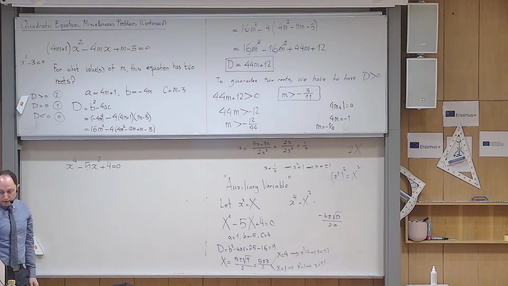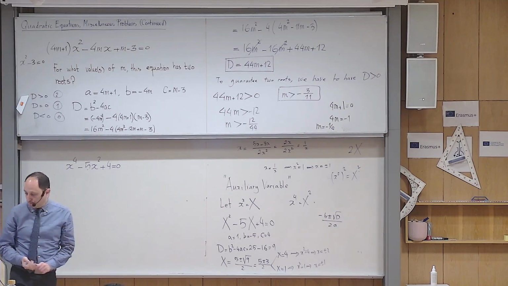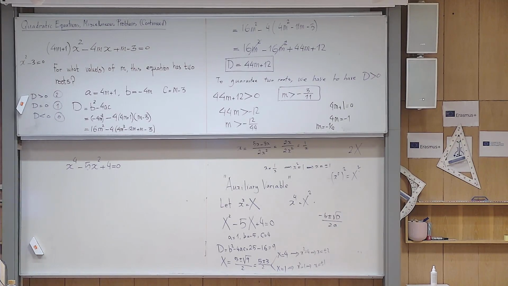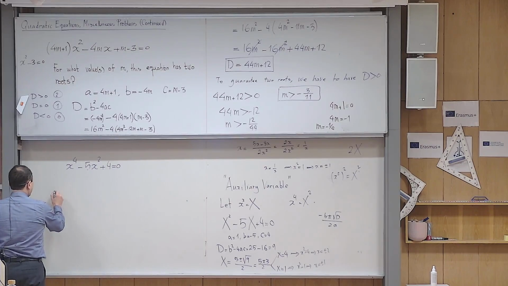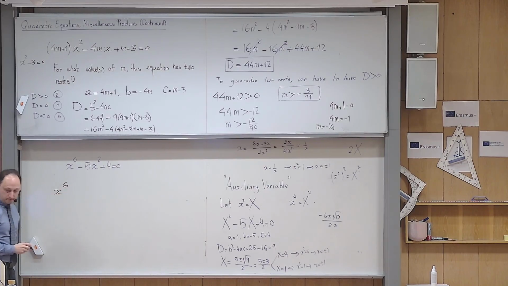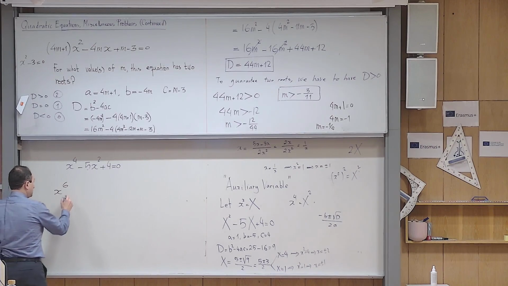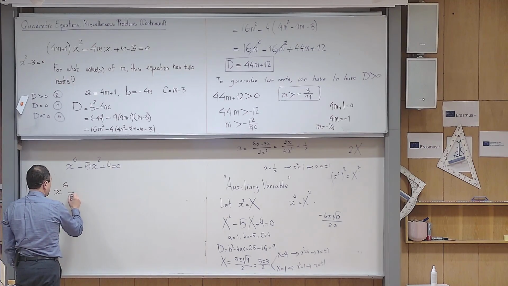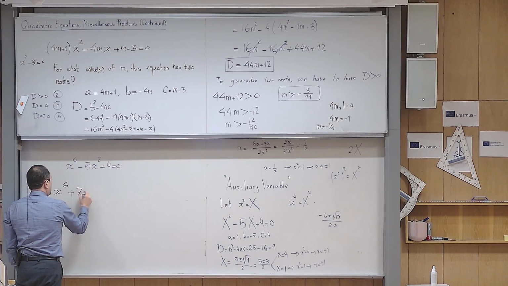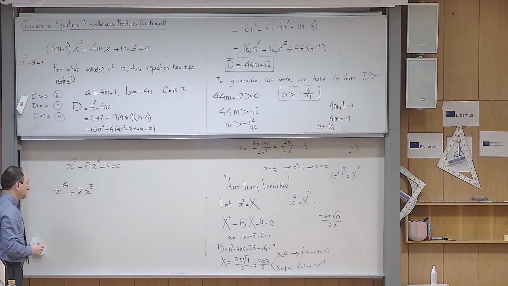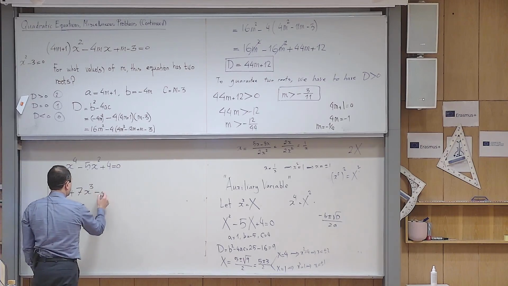So, another example is this. So let me write x to the power of 6 plus 7x to the power of 3 and then minus 8.